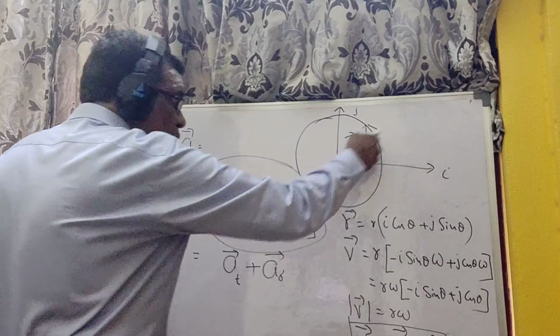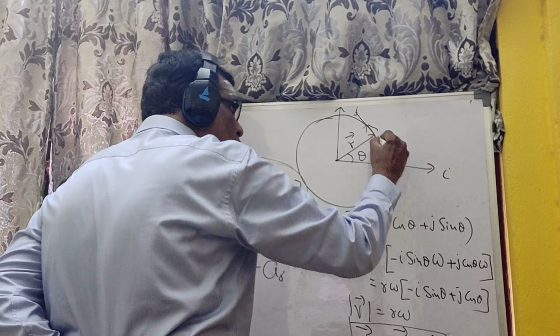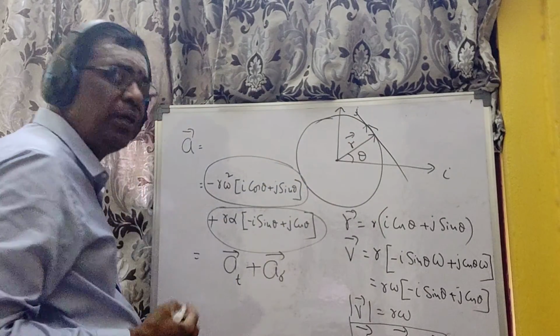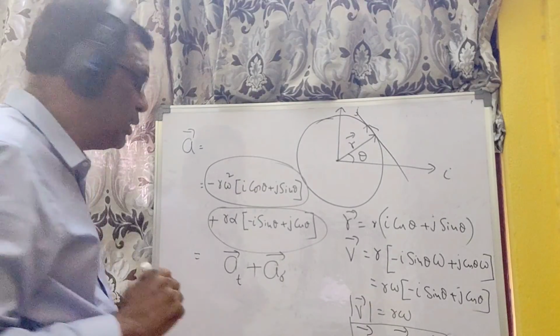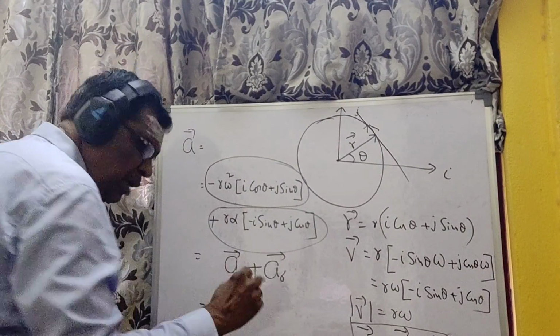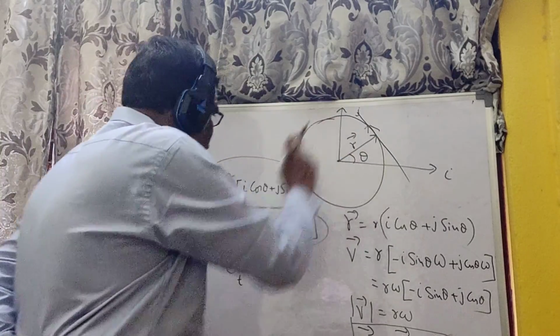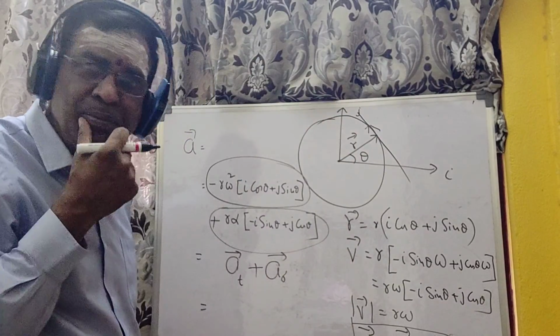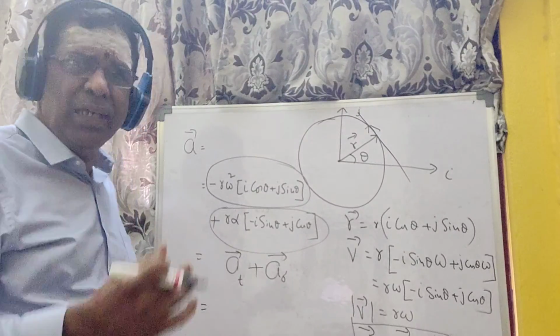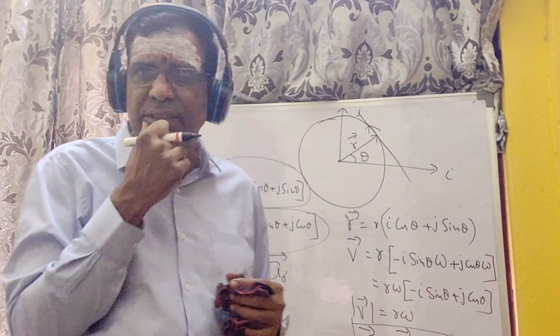Now, a_r bar is like this, a_t bar is tangential, but both are perpendicular to each other. If I want to keep a new direction, be careful, my i and j are fixed, already given there. Sometimes this is what we call a natural coordinate system.